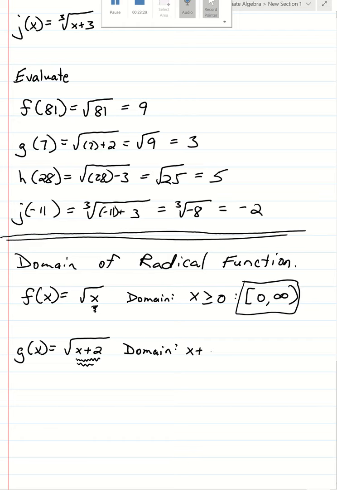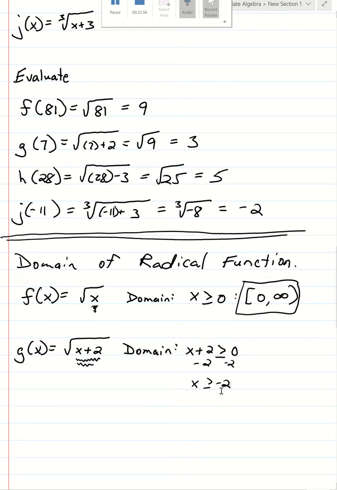So x plus 2 has to be greater than or equal to 0. This algebraic expression, the part that's underneath the radical, has to be greater than or equal to 0. And so now if we were to solve this for x, we would have to subtract the 2 over, in which case now we get x is greater than or equal to a negative 2.